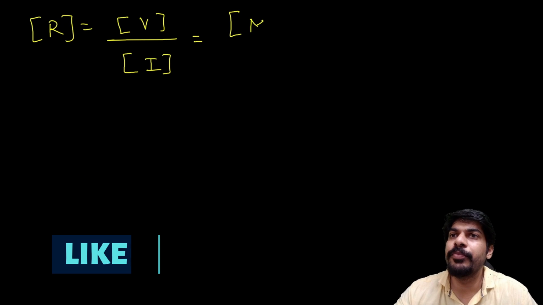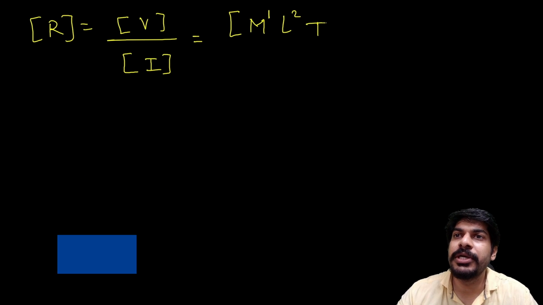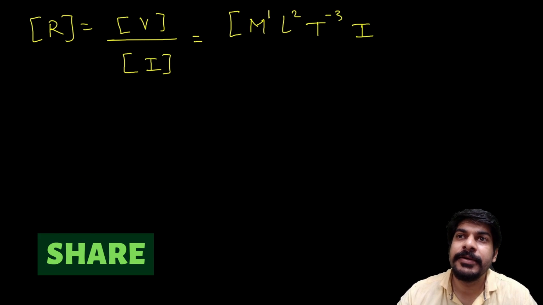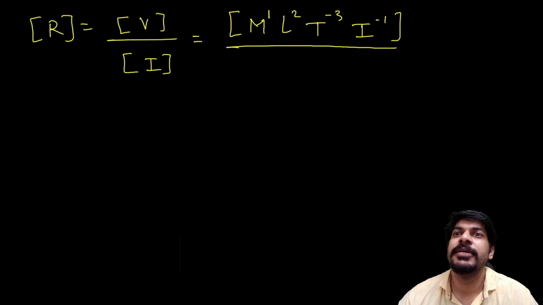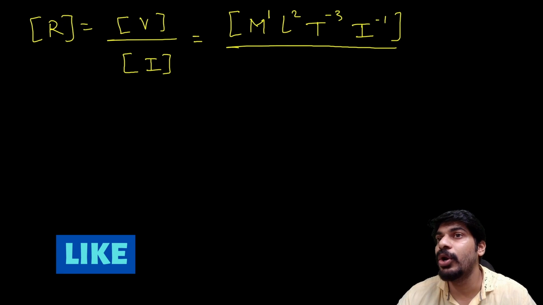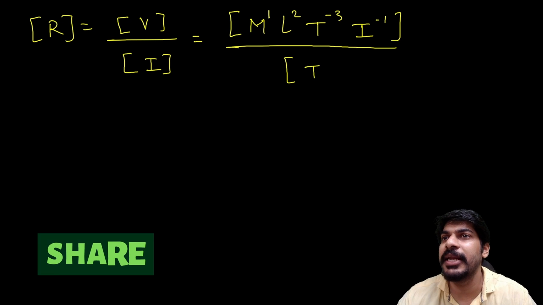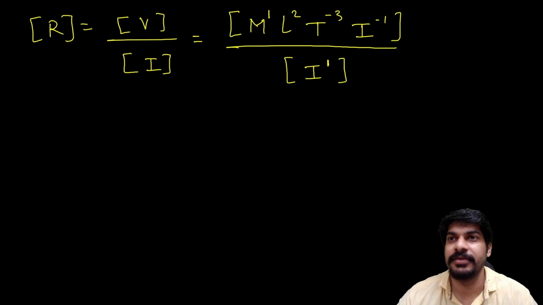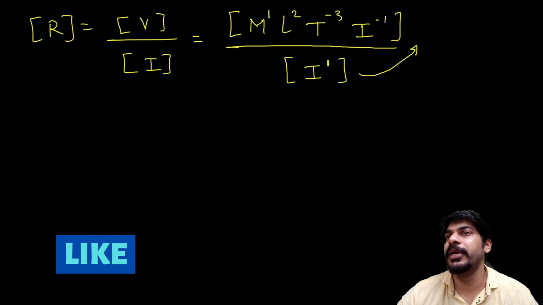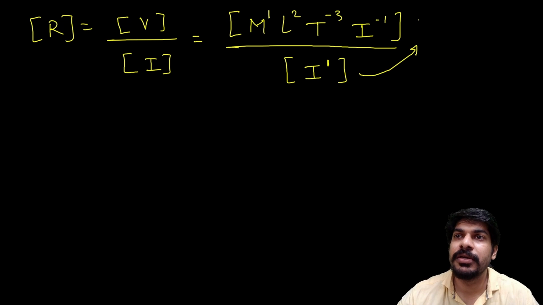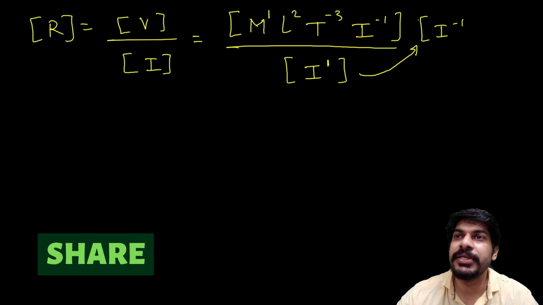So it is M1 L2 T minus 3 I minus 1. Okay, and here is current. Current is already a base quantity, so we can directly write I1. Okay, now if we take this I to the numerator, it will become nothing but I minus 1, right?